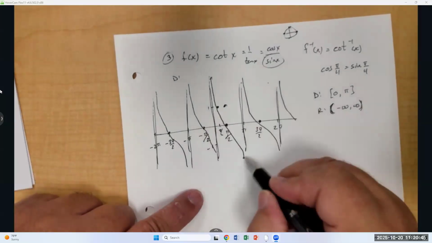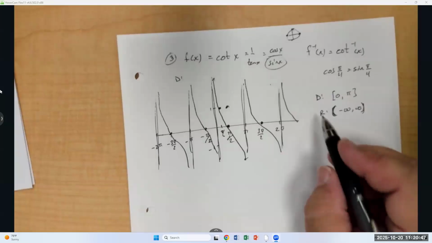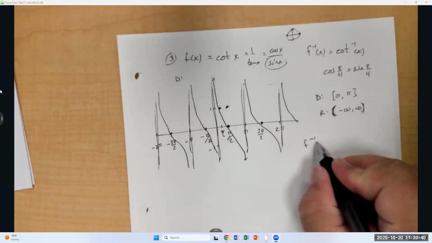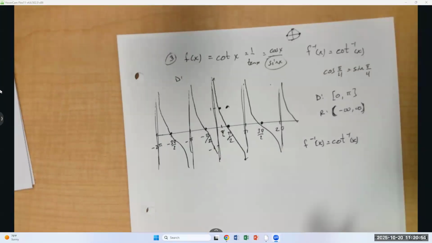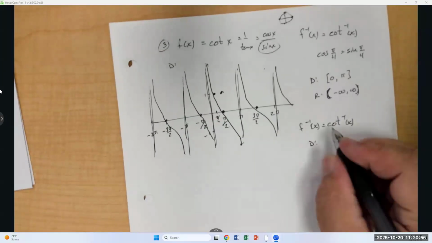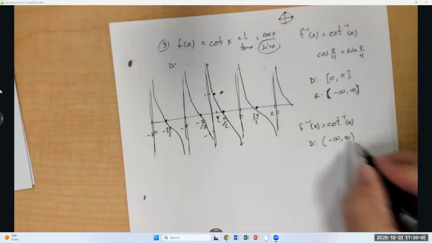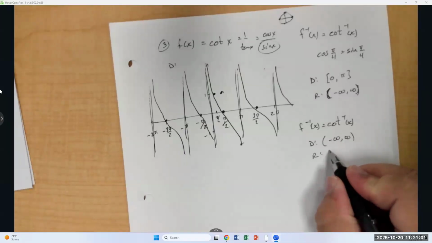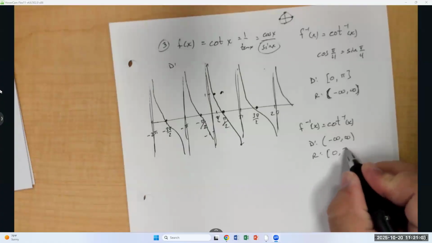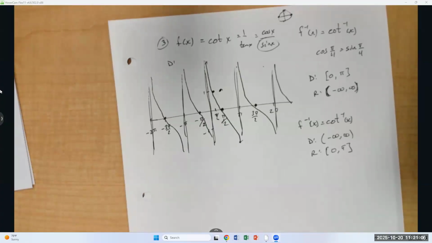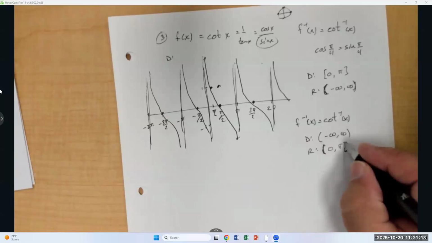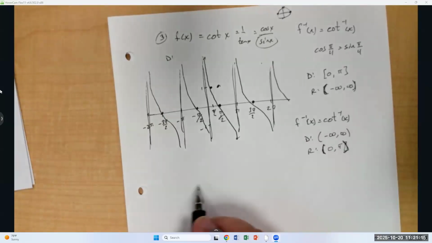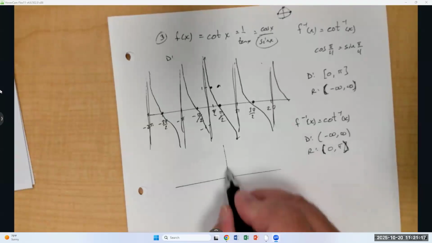It goes up and down forever, which means that for the inverse function, its domain will be between negative infinity and positive infinity, and its range will be between 0 and pi. So its graph.